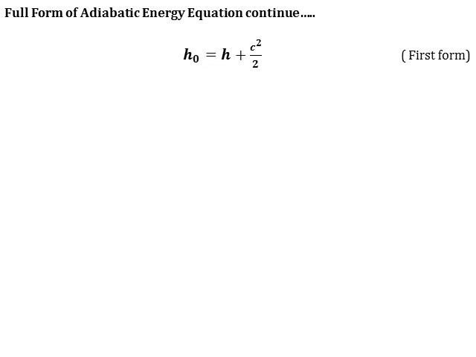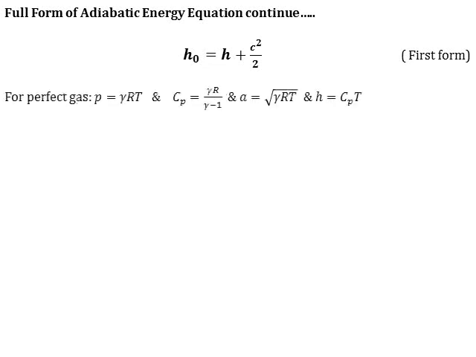Now, in order to get the different forms, we use the following equations that are used for a perfect gas. The first one, P is equal to rho RT, is the perfect gas equation. Cp is equal to gamma R by gamma minus 1, the relation connecting the specific heat at constant pressure with specific heat ratio and characteristic gas constant.